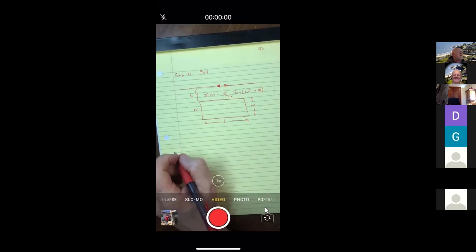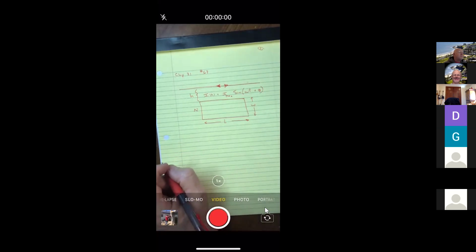Determine the EMF induced in the coil by the magnetic field created from the current in the straight wire. You can assume that I max is 50, omega is 200 pi, n is 100. The width is 5 centimeters and the length is 20 centimeters. Okay, so I'll put in my numbers a little bit later here.